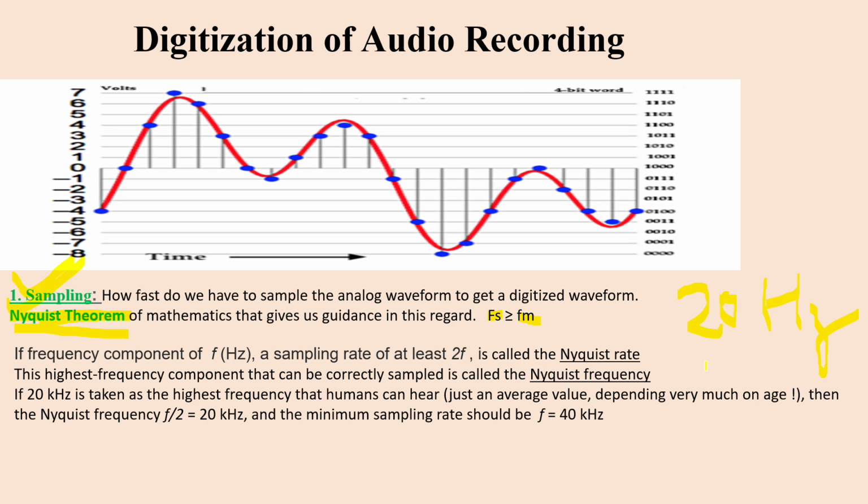So the sampling frequency as per the Nyquist theorem should be more than, suppose, 20k. So the sampling frequency should be more than 40k hertz. This is the Nyquist theorem.